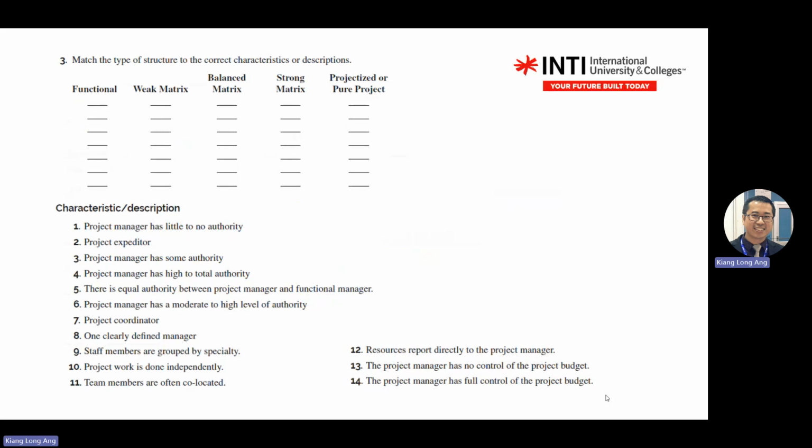Can someone look up on Google what is expeditor? What is the meaning of expeditor, or expediter?